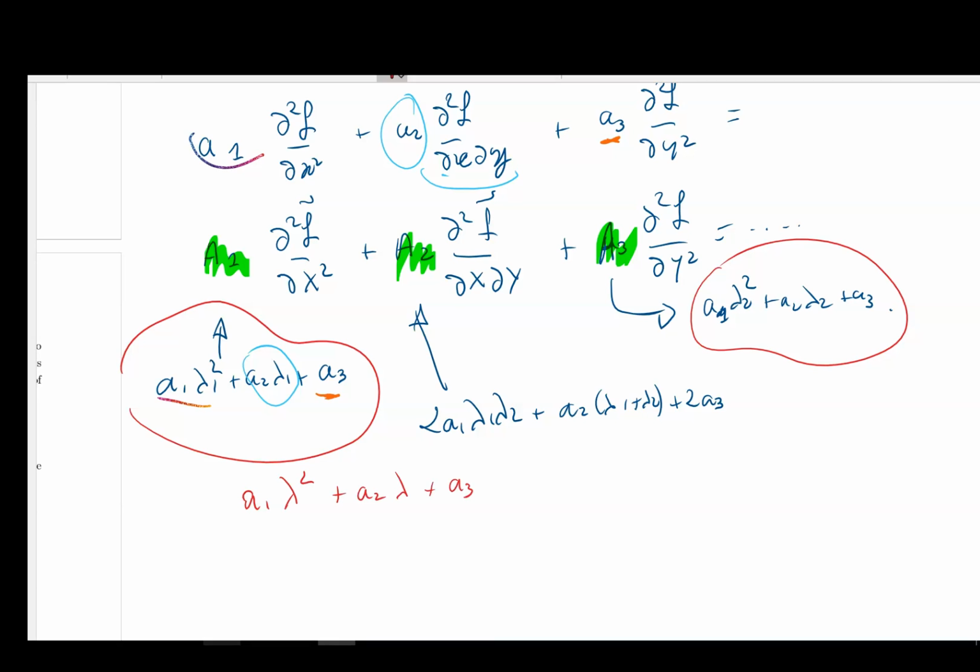Okay, so good news is that this is a second order equation, and you know that it may have some solutions, and that depends on the sign of the delta, being A2 square minus 4A1 A3. Okay, so assume that it's positive. You will have two roots, lambda 1 and lambda 2.